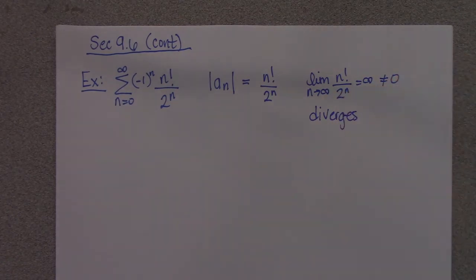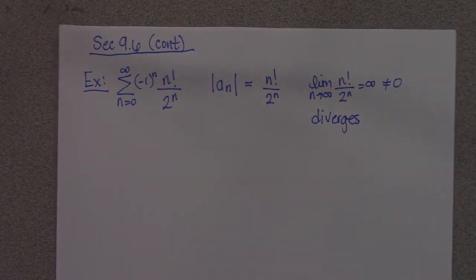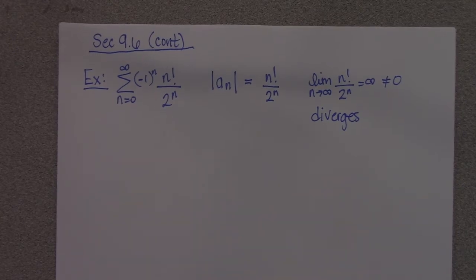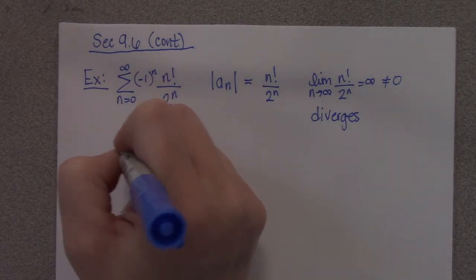So this thing diverges right out of the gate. We don't even have to apply a test to it. Even if you alternate those terms, they're just going to get really, really big negative, really, really big positive, and they're never going to converge.